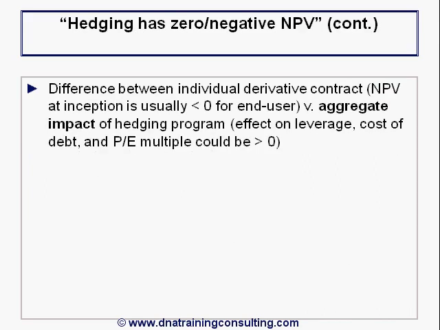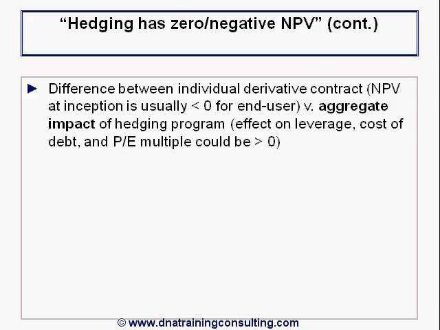The difference lies between an individual derivative contract whose NPV at inception is usually negative for the end user versus the aggregate impact of the hedging program, whose effect on leverage, cost of debt, and possibly price-earnings multiple could certainly be positive.